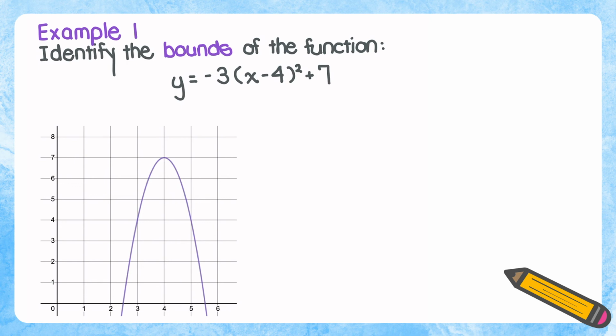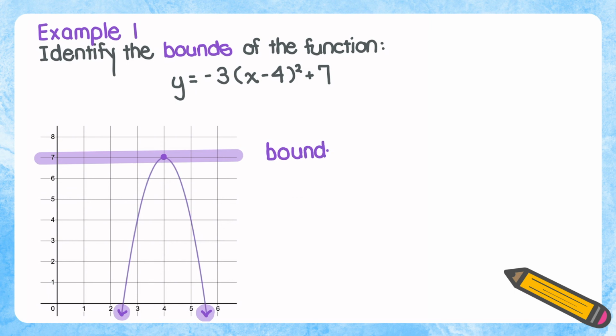So this function is going to keep going down forever and ever. I'm drawing in the arrows. It's going to keep going down forever. But it can only go up to a certain point, this point. So this function will not go past the line y equals 7.